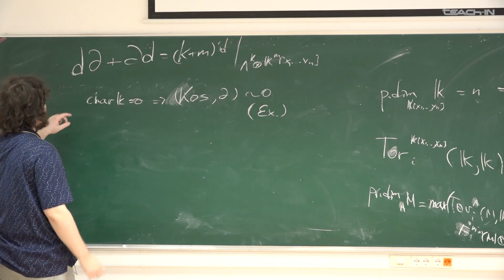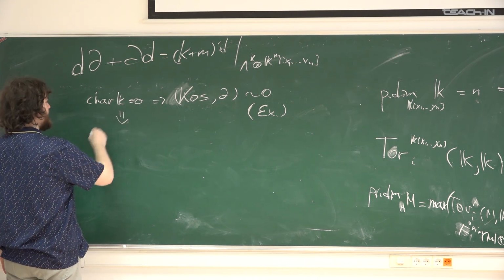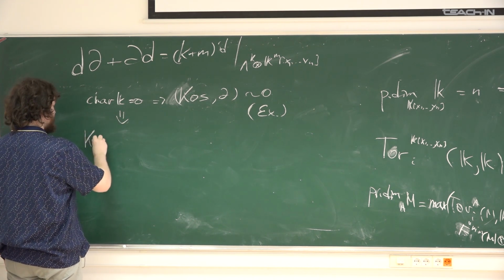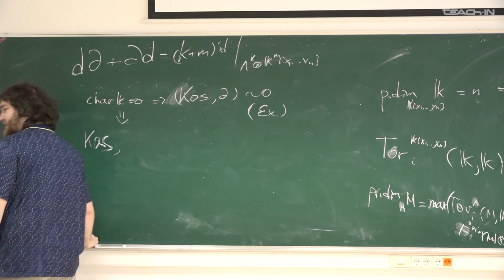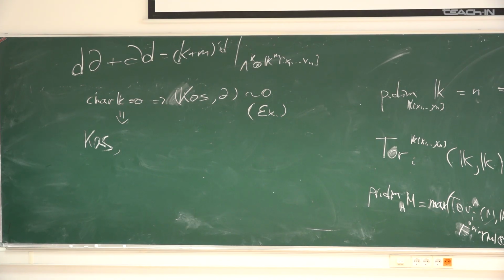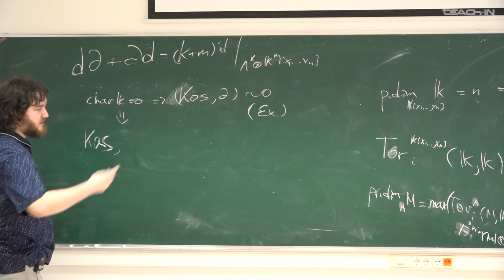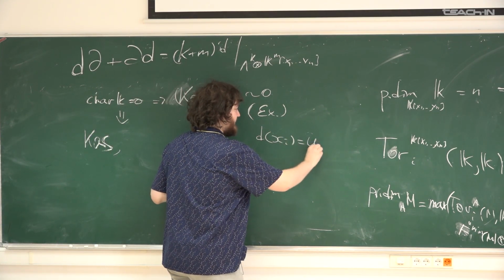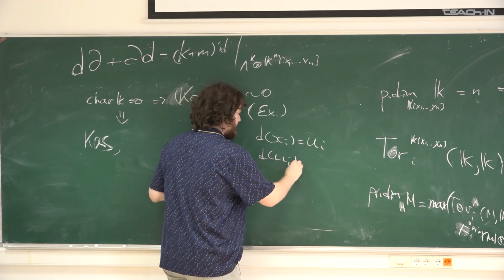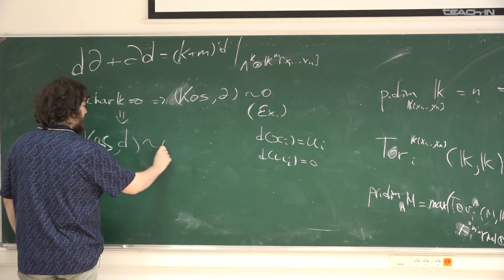Of course, from this I can see that under this assumption this complex with the de Rham differential is also contractible, because the Koszul differential is a homotopy between the de Rham differential and 0. The de Rham differential is the opposite one: it goes x_i to u_i and u_i to 0. So this one is also contractible.